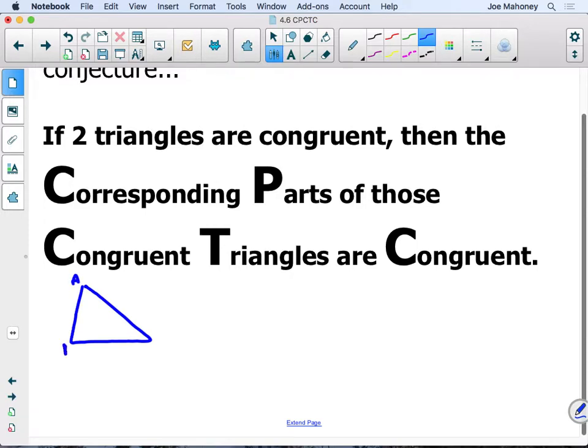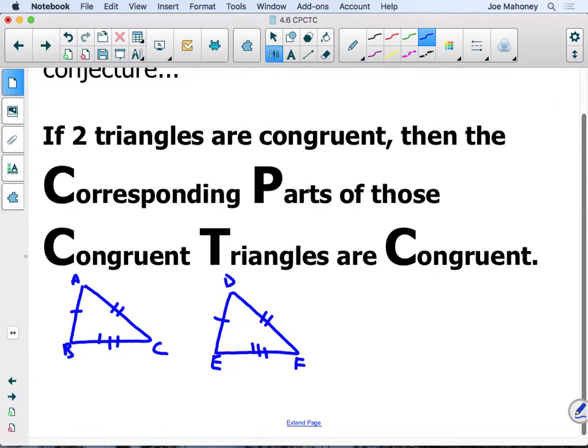let's say I have triangle ABC, and I know that it's going to be congruent to triangle DEF. And let's say I do it congruent by side, side, side. So I got all those things congruent. Great. So I know my triangles are congruent.